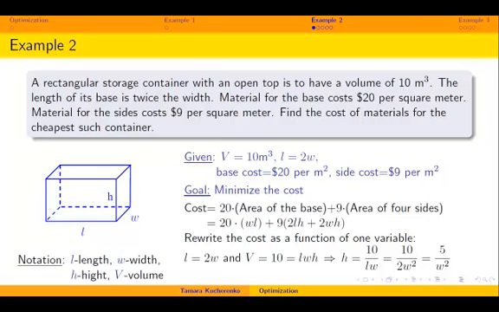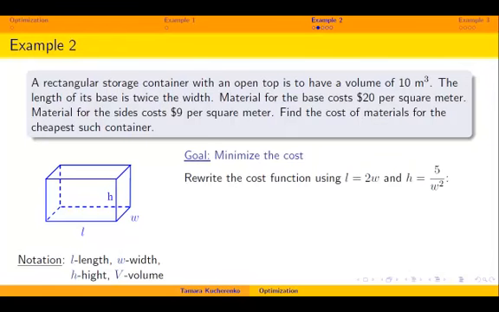Now we can rewrite the cost function using the formula for L and H we just obtained. The expression for the cost that we derived is 20 times W times L plus 9 times 2LH plus 2WH.